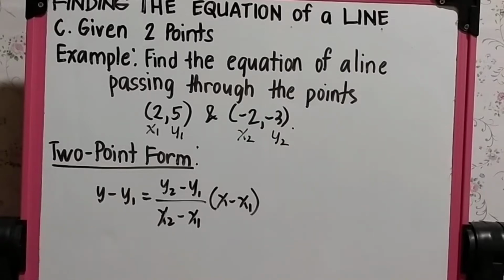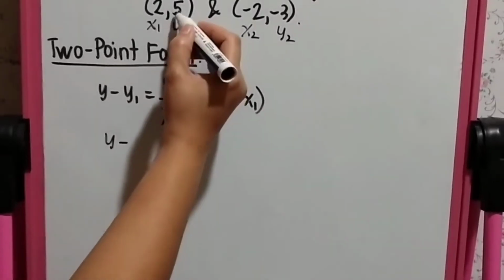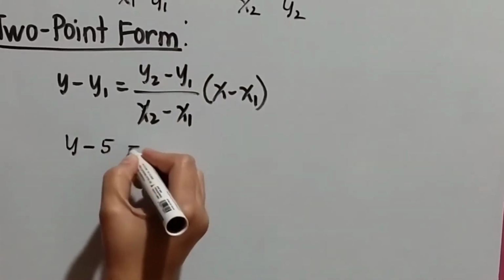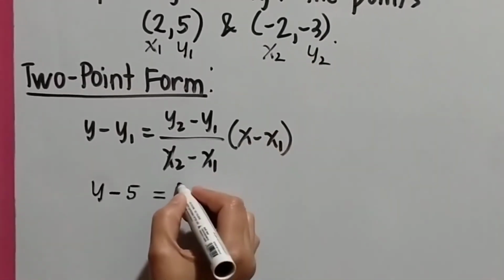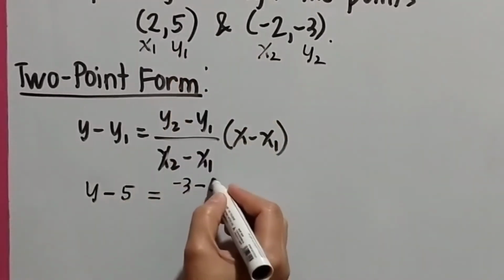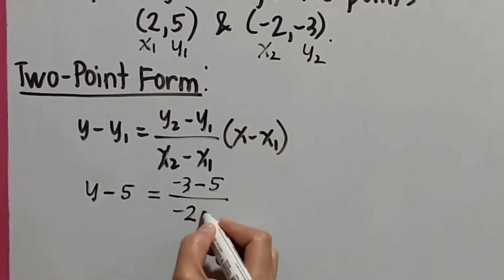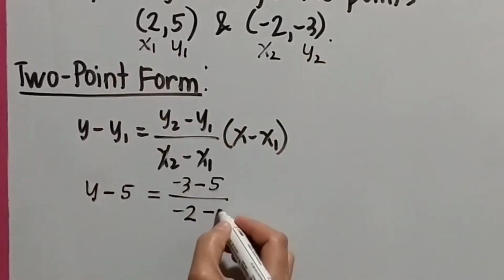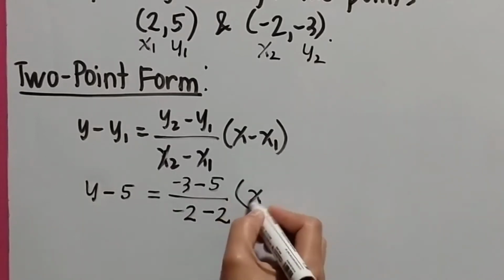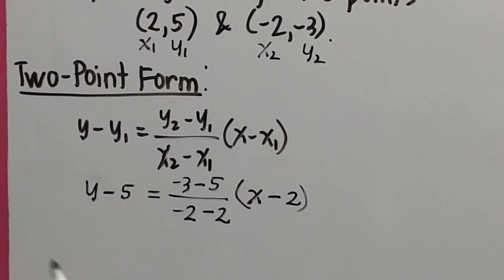So, let's do that. We have y minus y sub 1, which is 5, equals y sub 2, that's negative 3, minus y sub 1, which is 5, all over x sub 2, that's negative 2, minus x sub 1, which is 2, times the quantity x minus x sub 1, which is 2. Okay, let's solve this.